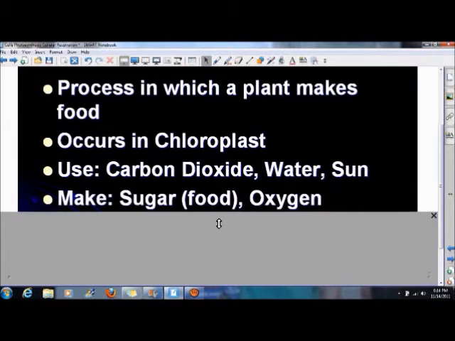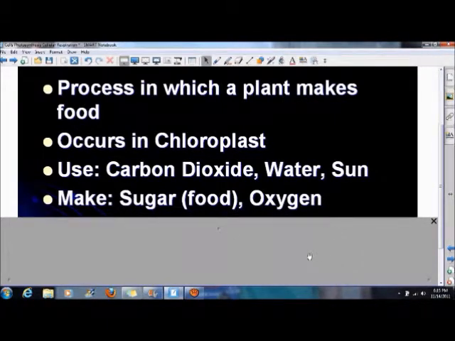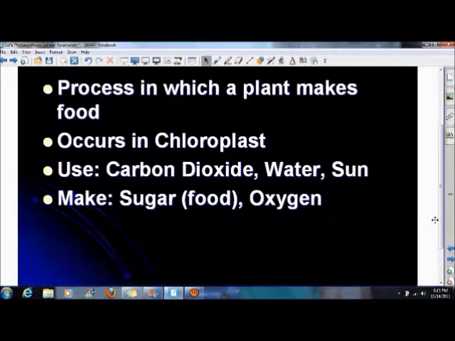Using those three things, they're able to make sugar, which is their food, and the sugar is referred to as glucose. And they also produce oxygen, which is important to us. So that is the process of photosynthesis.